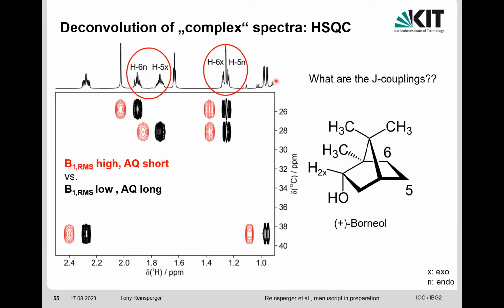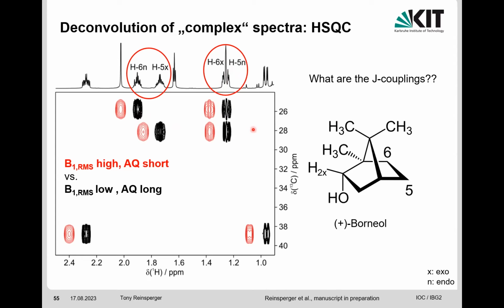Here's one example where this really has mattered. We have here a spectrum of borneol, and here H6N, H5X, and here H6, H5N. Here the signals overlap. And in the 1D, you cannot see which multiplet you have for simulating the spin system. We were interested in it, and of course you can separate these two signals by acquiring an HSQC.